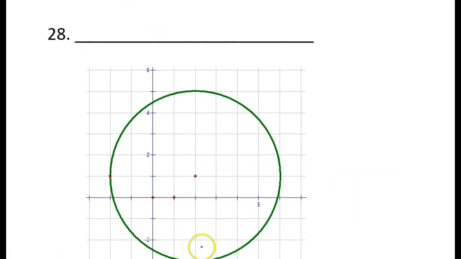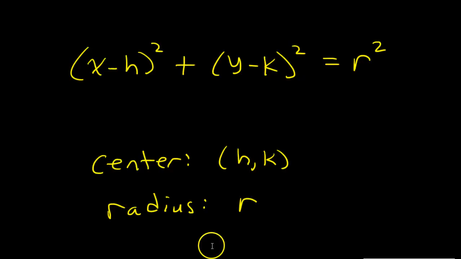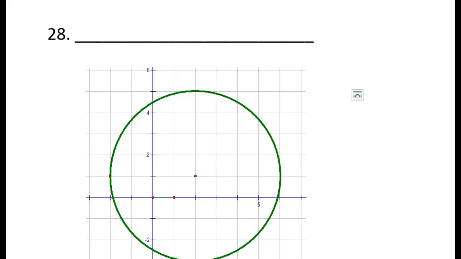Number 28 is a circle. So remember what the standard form equation of a circle looks like. We're going to need the center first. So the center is right here at the point 2, 1.